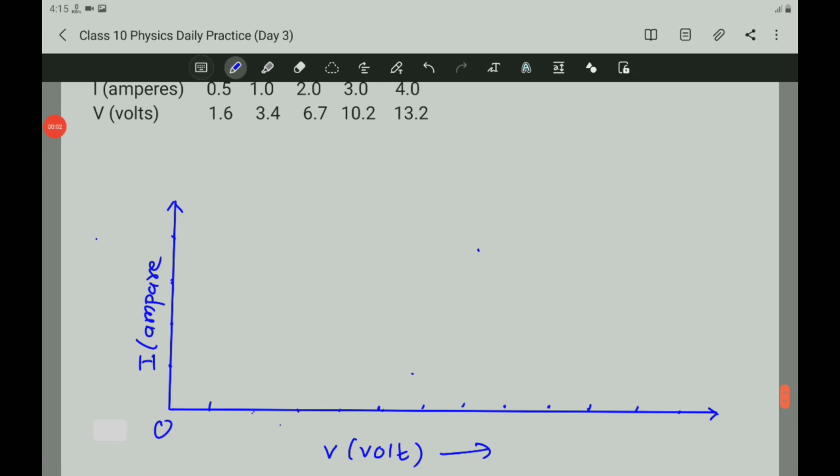Here we have to draw the graph between V and I. Let us take the potential difference V on the x-axis and the current I on the y-axis. Mark the origin.